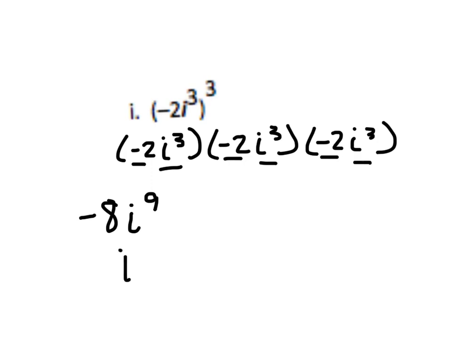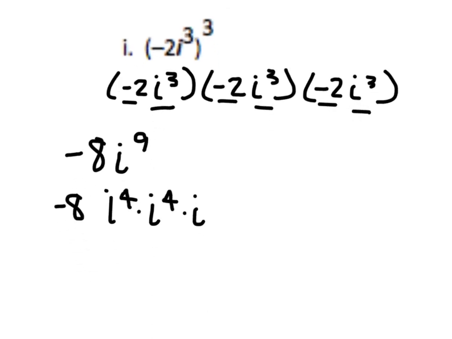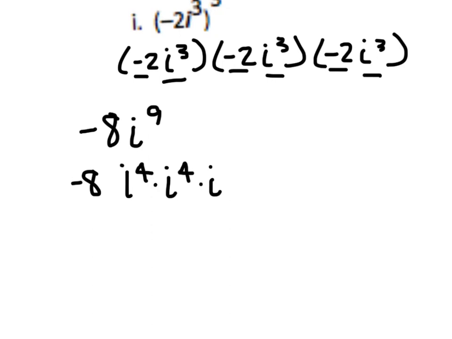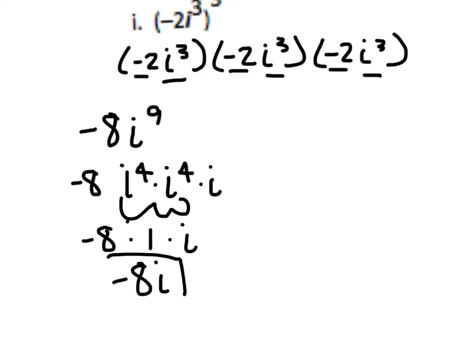I'm going to break that down into 2 groups of 4, and that gives me 8, so I just need one more to make 9. I know that i to the 4th is 1, so I have 2 groups of 1, and then i and negative 8. So negative 8 times 1 is negative 8, and then times i is just i, so I'm just going to leave it as negative 8i. And those are level 3s.